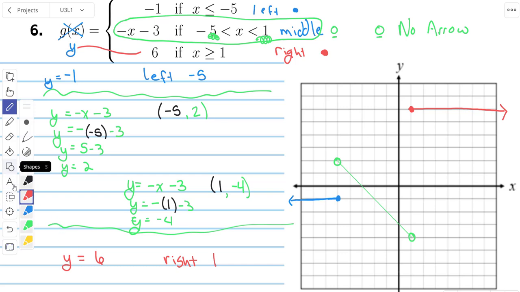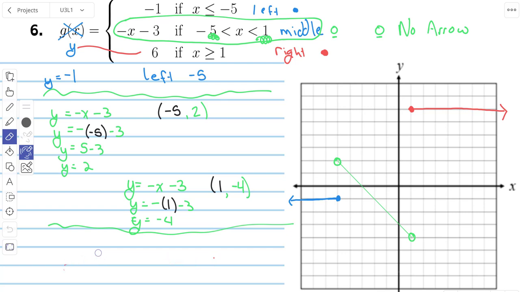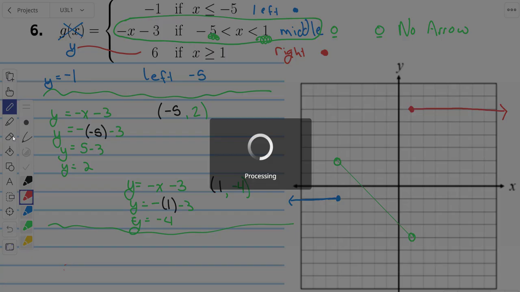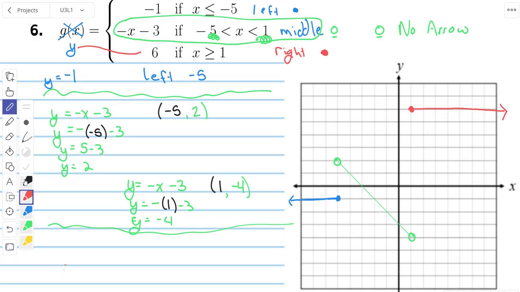Now let's take and look at finding my domain and range. And so when I'm looking at my domain and range, I need to look and see for domain, where's my farthest most to the left and right, and is there any gaps?